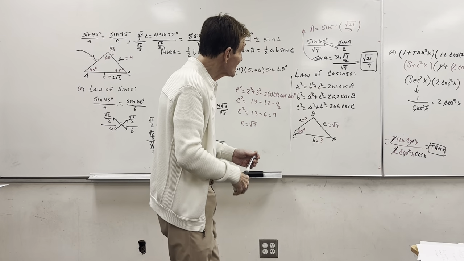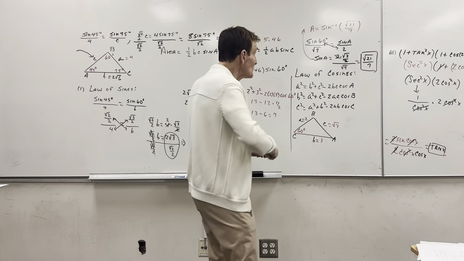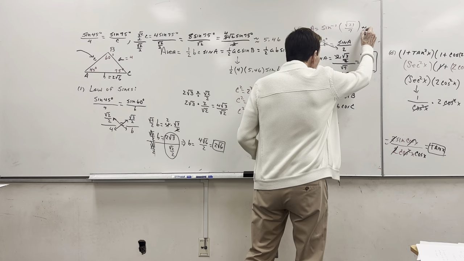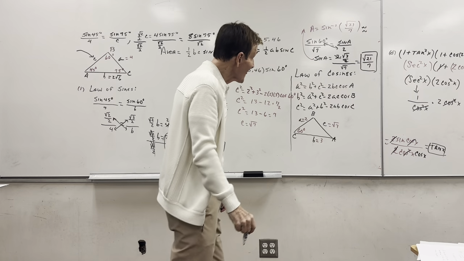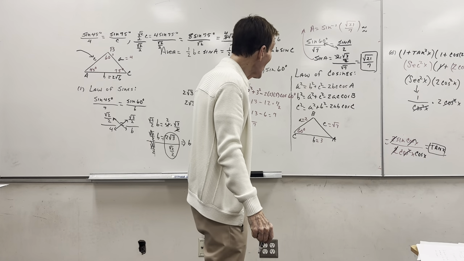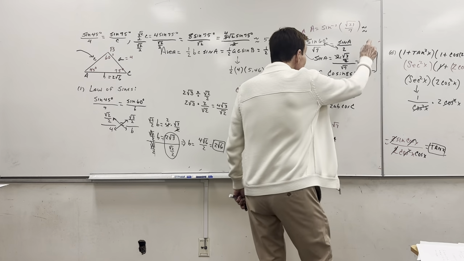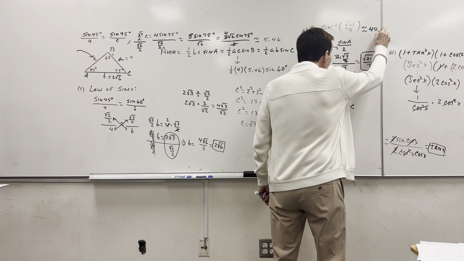Find the inverse sine of radical 21 over 7, and we'll stop. Wow, it's 40.89.